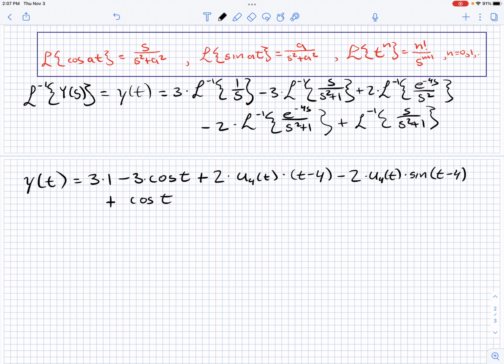So we see we can simplify, and that is the last and final step I'm going to do here, so yay!